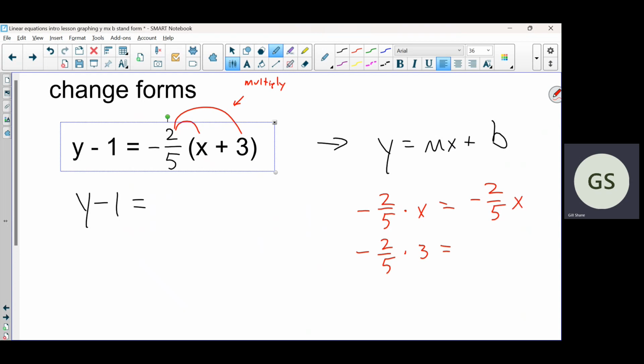Well, we didn't combine them. That's still two separate numbers. We know one of the numbers, negative 2/5. We don't know one of them, x. We just wrote them next to each other without the multiplication symbol. So again, it still holds true that you cannot combine a number and a variable because we don't know what the variable is. We can only combine like term variables.